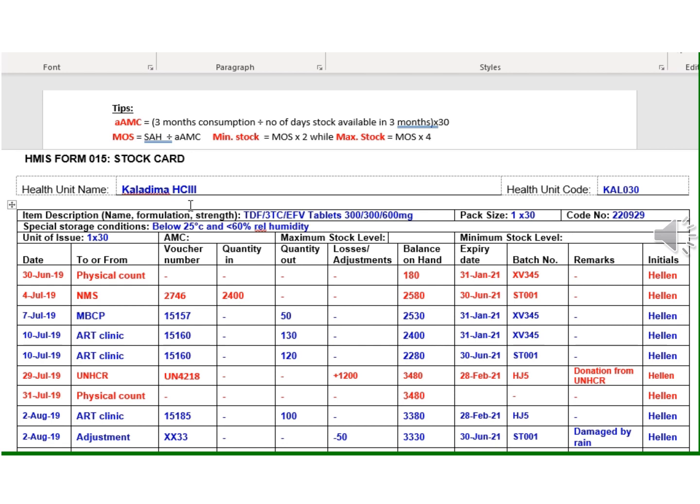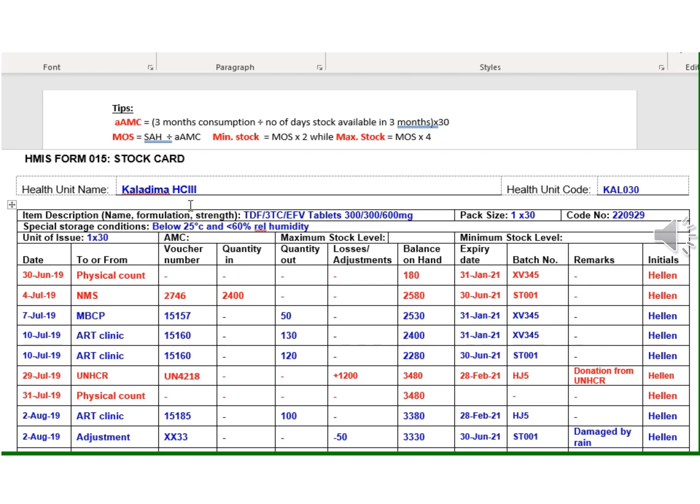So what I would do, I take the entire consumption for the 90 days, 3 months, and I divide it by the number of days when I actually had stock. So if in 90 days, 30 days I was out of stock, I would divide my consumption by 90 minus 30, which is 60. So the rate I get is a consumption per day.